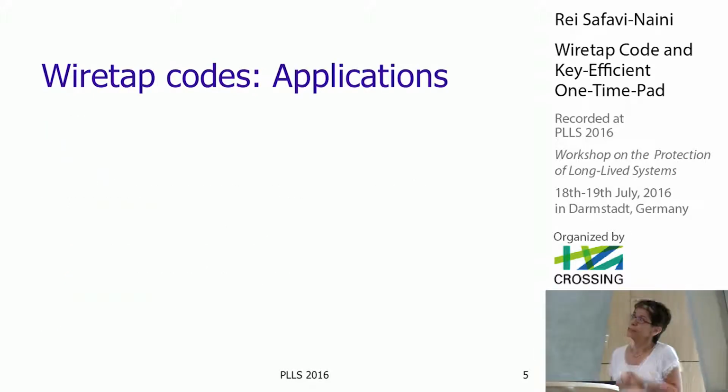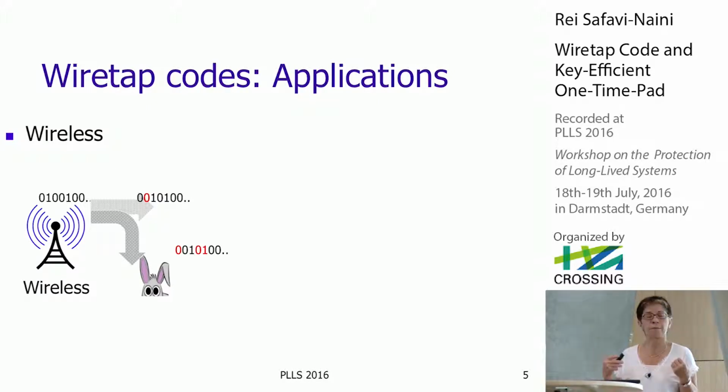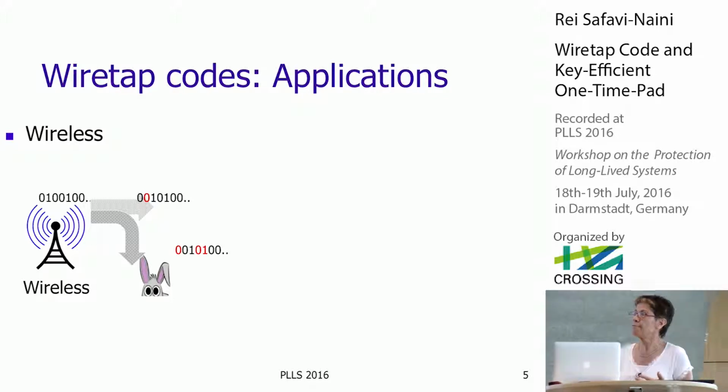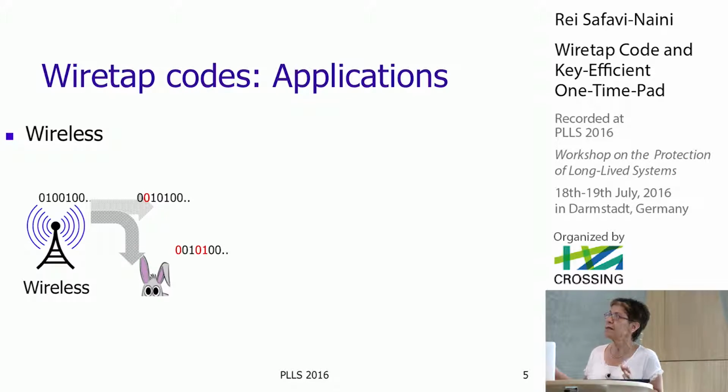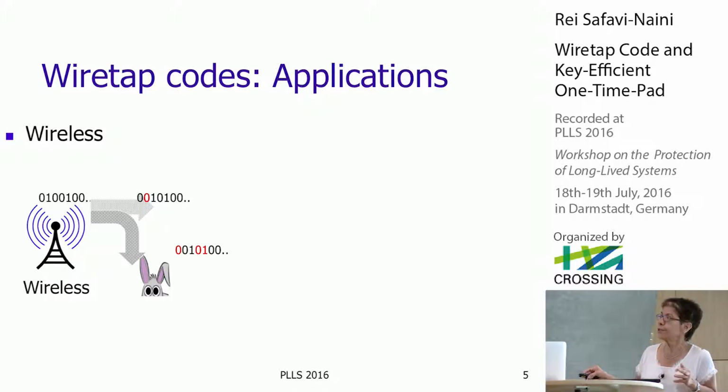Okay, so just before going on to the wiretap code definition, I just want to remind you that one of the immediate applications of wiretap codes, and one of the reasons that we have this very big research effort in engineering and computer science on wiretap codes, is application to wireless communication. So every time that we have a wireless station, an adversary who is further away gets a noisier version of the signal. Of course, we don't know the antenna of this adversary, so we don't know how much noise, but it is potentially the case that farther adversaries get noisier versions.